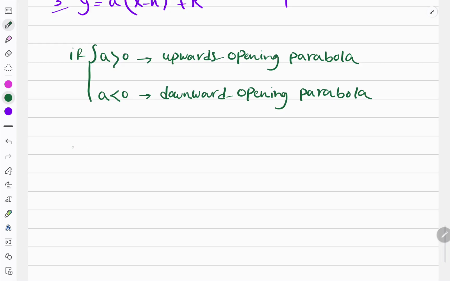Also, a can be bigger than 1 or less than -1. And in this situation, we have y equals a x squared, but this is thinner than y equals x squared.